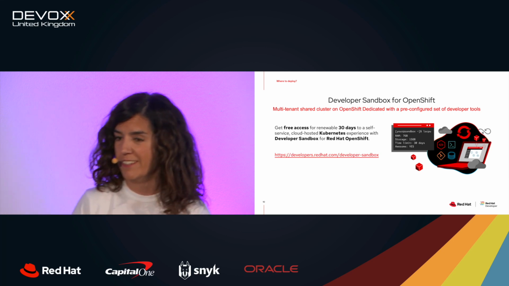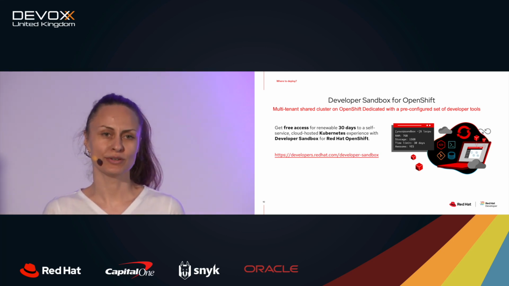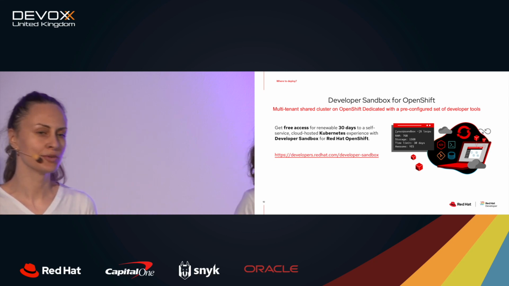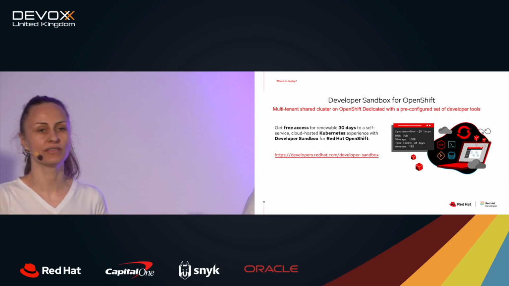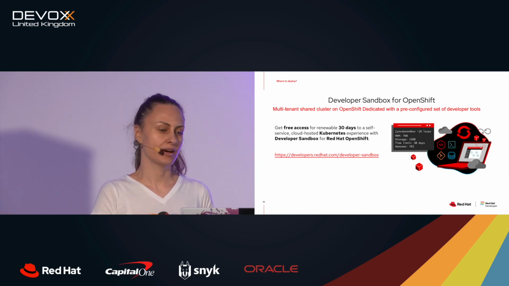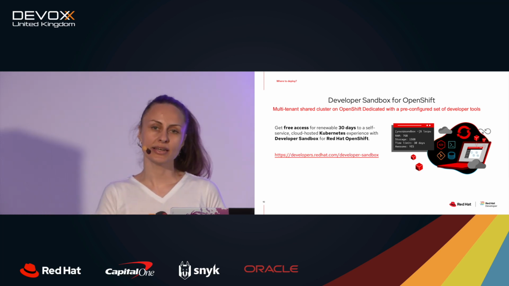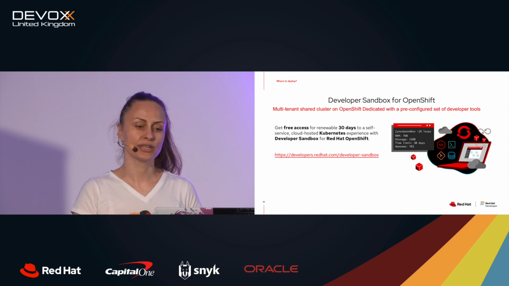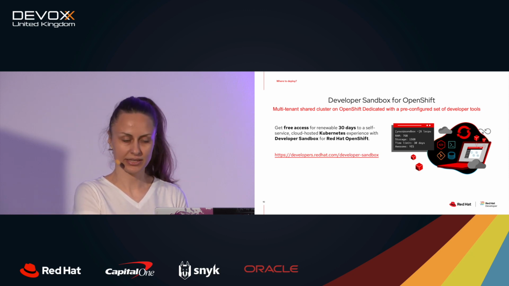What cluster, Anna? In order not to start locally and consume memory and have our machines heavily loaded, we're going to use the Developer Sandbox for OpenShift, something that you can also get access to. It's free access. You just need a Red Hat account, and it renews every 30 days in terms of access. You don't need any credit card to get access to it.